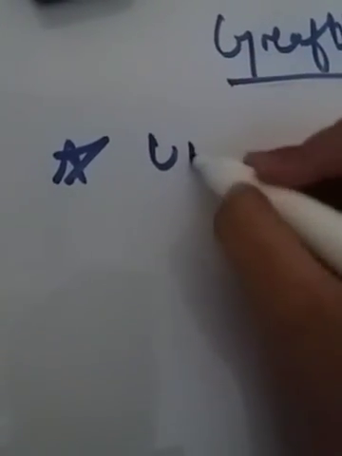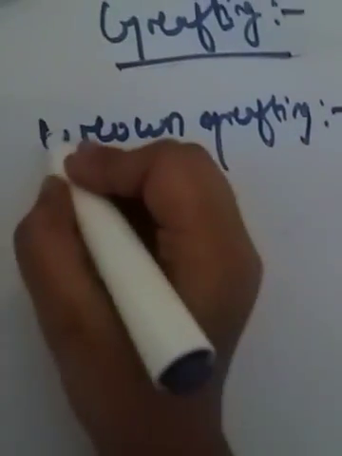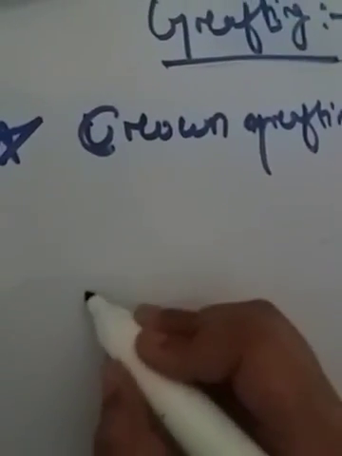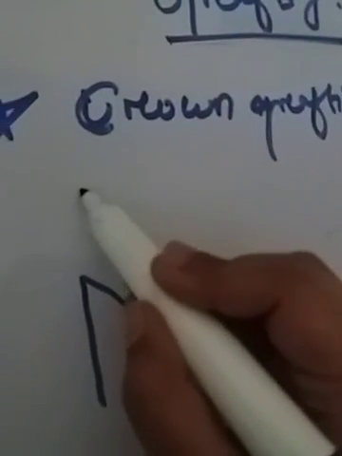Now we'll see about crown grafting. Crown grafting has one major stalk but different kinds of scion.